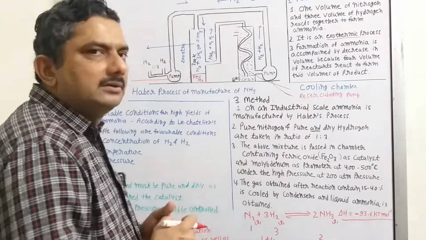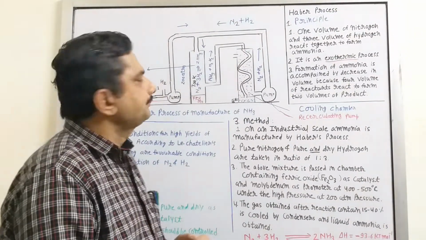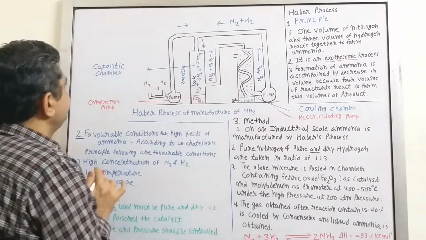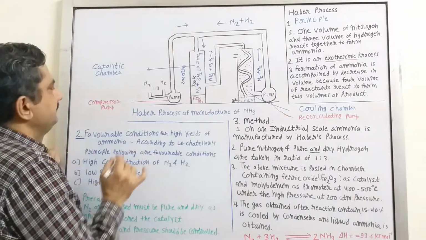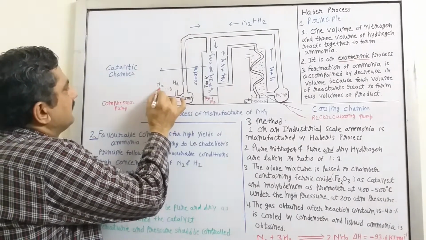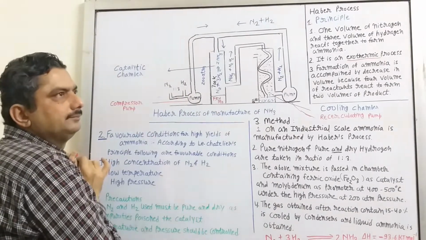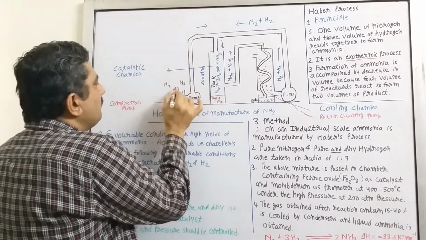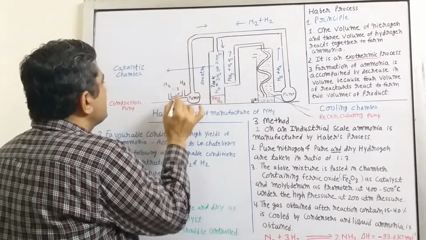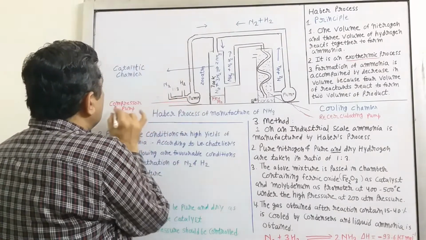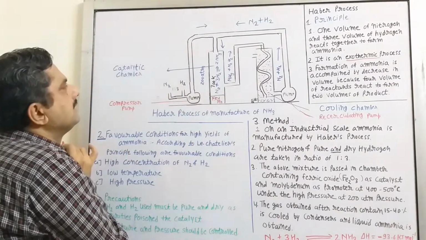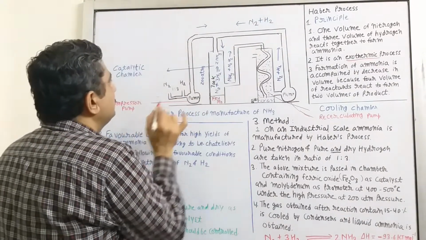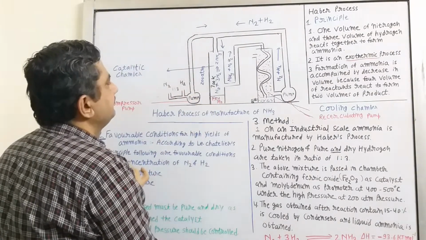Now we study the diagram. In this method, at first, nitrogen and hydrogen in the ratio of 1:3 is passed through a compressor pump at a pressure of 200 atmosphere.